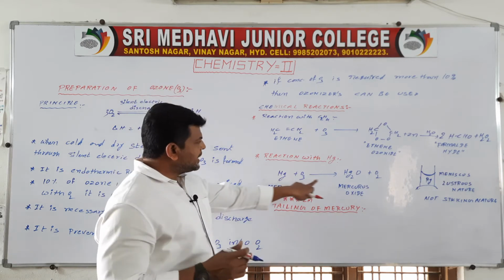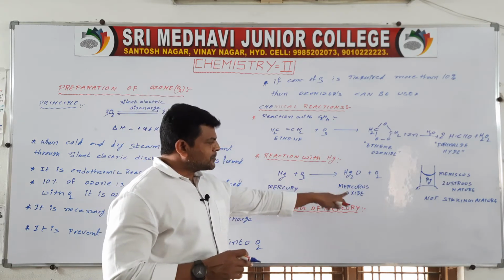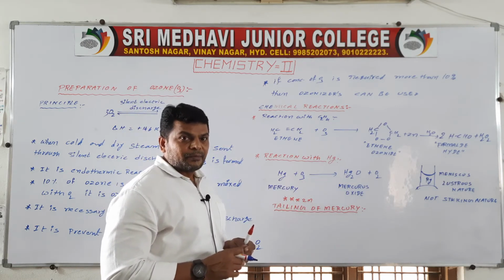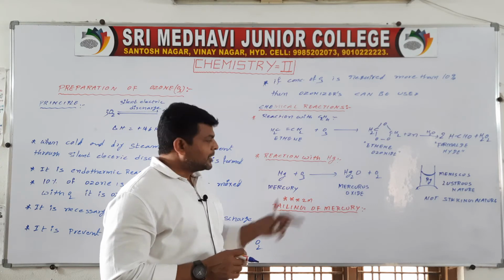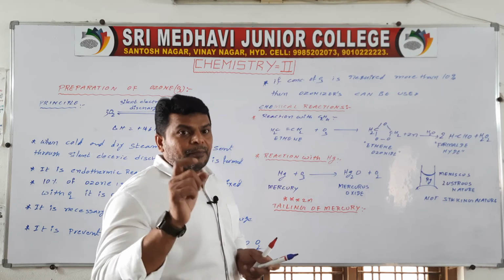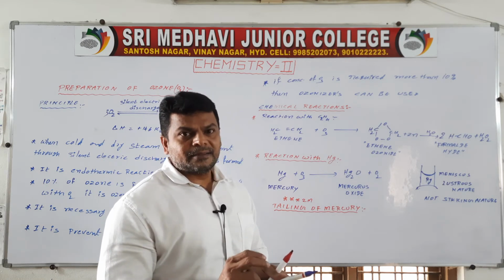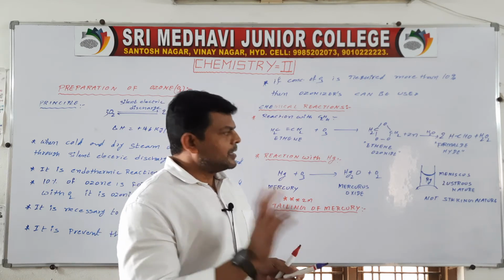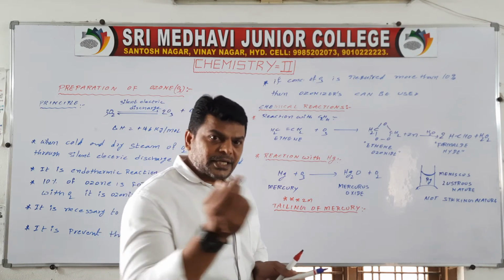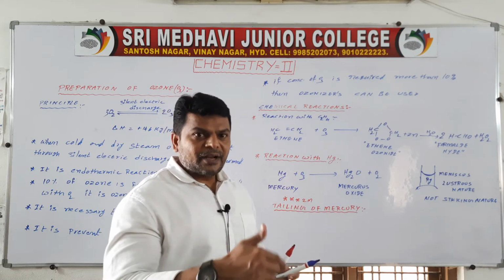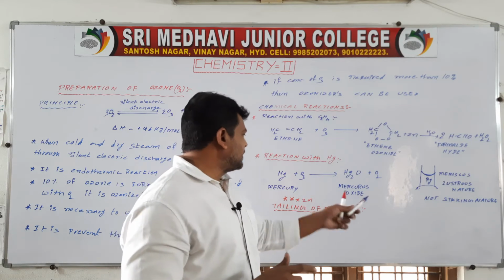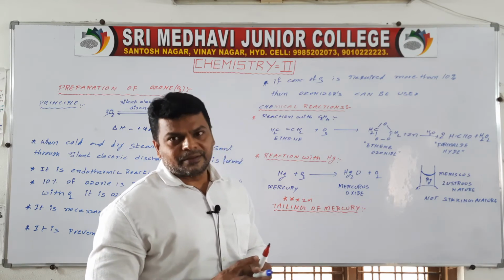When mercury reacts with ozone, it forms mercurous oxide. Mercurous oxide loses its meniscus and lustrous nature, and it sticks to the glass. The way of sticking to the glass is called tailing of mercury.